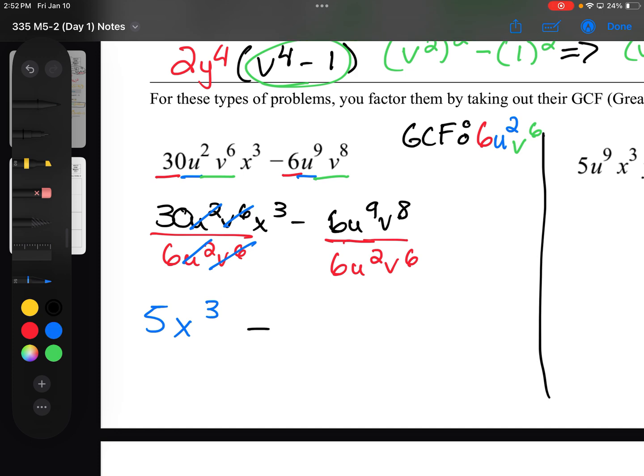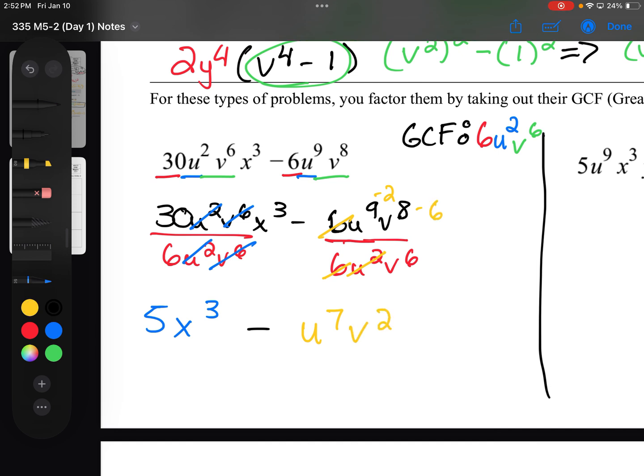And then the 6's are going to cancel out. Two of the u's cancel out, so you're left with u to the 7th. And then the v's, you'll be left with 2 v's.